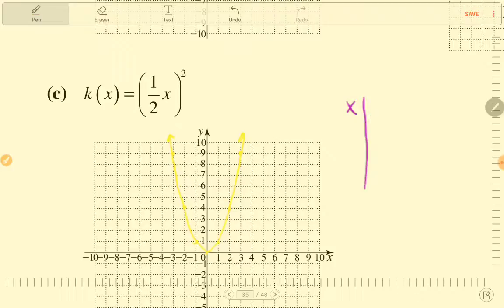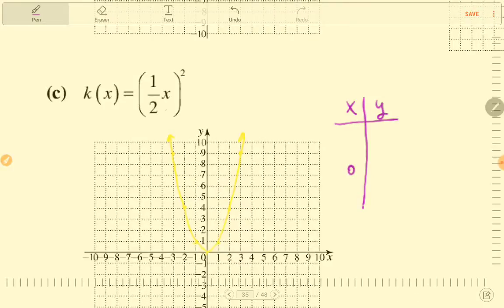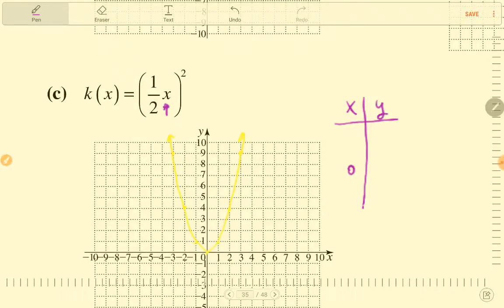x and y, putting in 0. So put in a 0 right here. 1/2 times 0 is 0. 0 squared is 0. So the vertex is still at the origin. All right, putting in 1. Well, when I put in positive 1 here, I get 1/2 times 1 is 1/2.